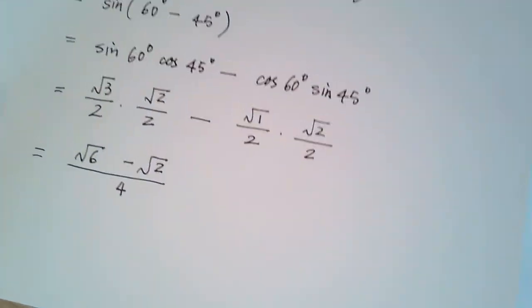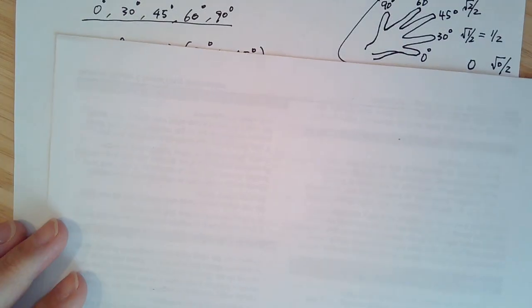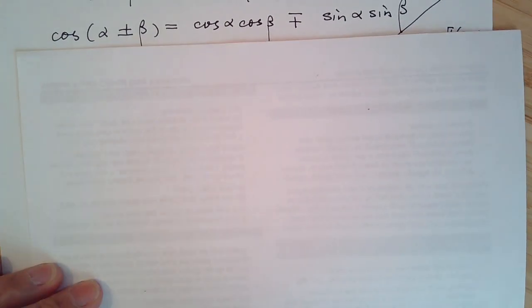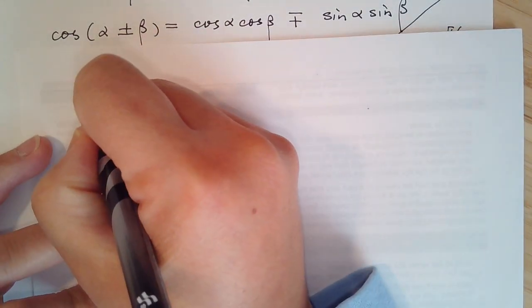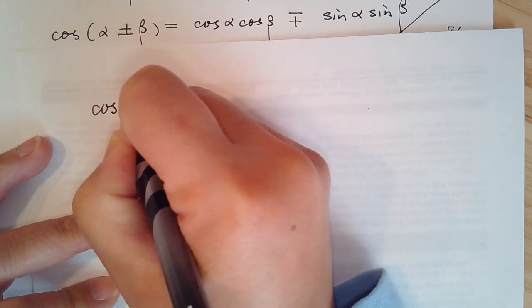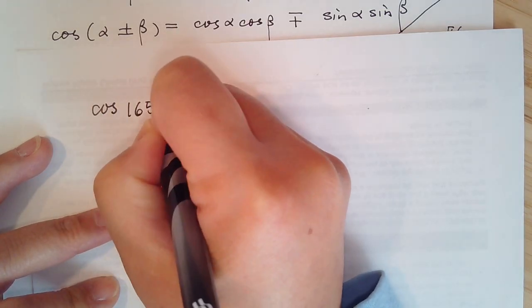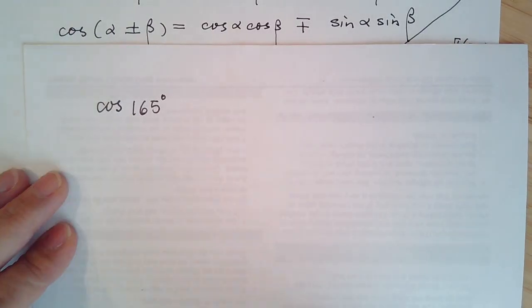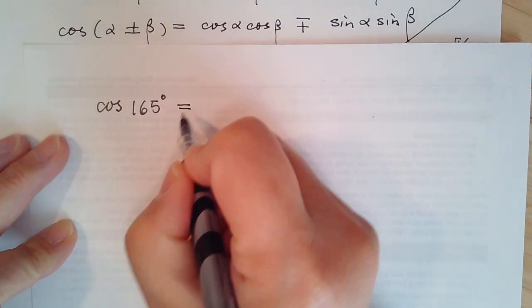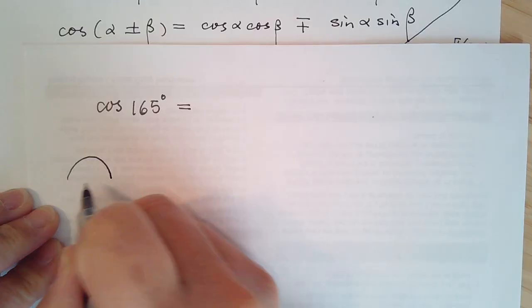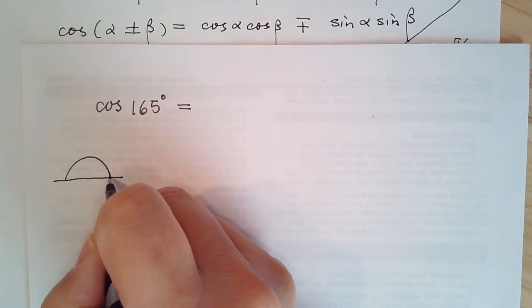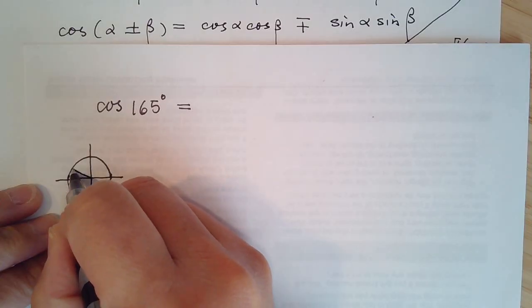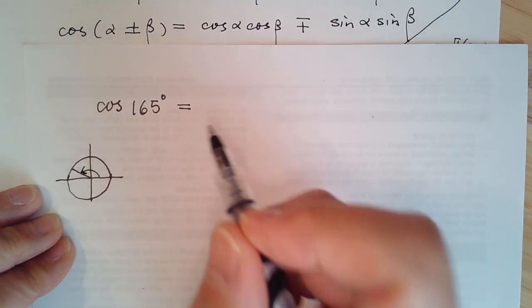So let me just give you one more. I ask you to find what is the cosine of 165 degrees. Again, 165 is not in our comfort zone, but for cosine 165, if you remember the unit circle, this is 165, right?